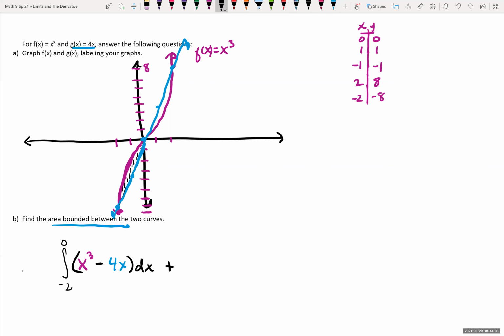Plus, now we want to find this area on the right between 0 and 2. Bottom bound 0, upper bound is 2. But this time our function on top is the line. So that's 4x minus the function on bottom, which is this x cubed. And then dx.